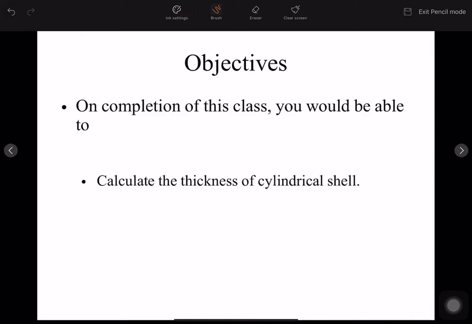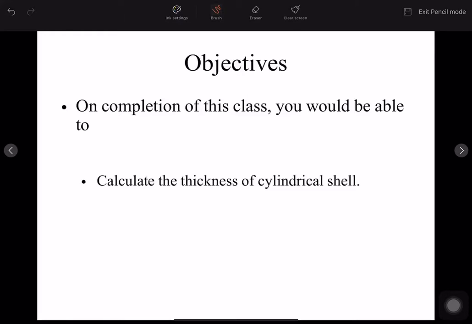So in this class you will be able to know how to calculate the thickness of the cylindrical shell based upon various values like internal pressure, hoop stress, longitudinal stress, and other things.